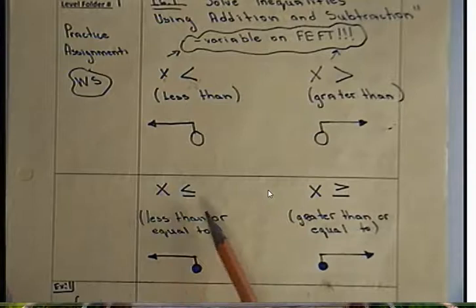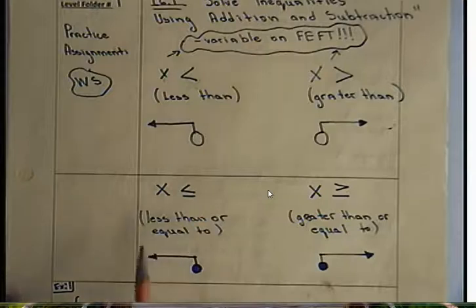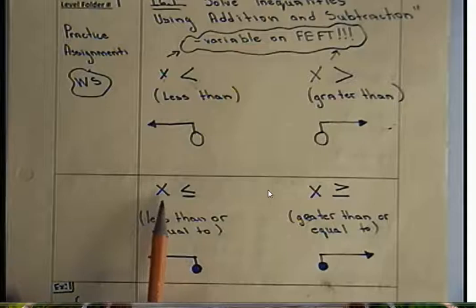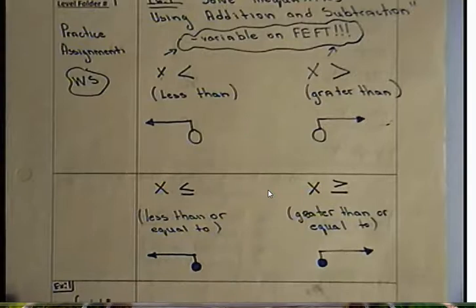This is the point when we have an equal sign attached to the inequality symbol, and we read it as less than or equal to. So the values for x will be less than or equal to, and we graph that by filling in, or closing, the circle. So the closed circle shows us that we have this type of inequality.